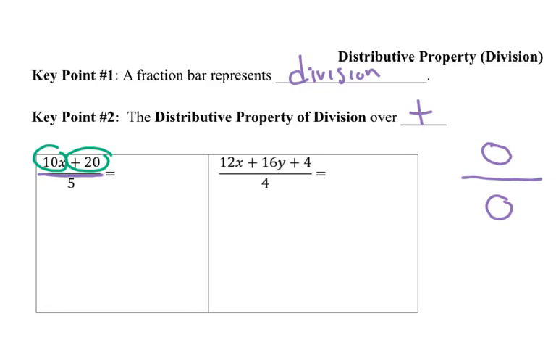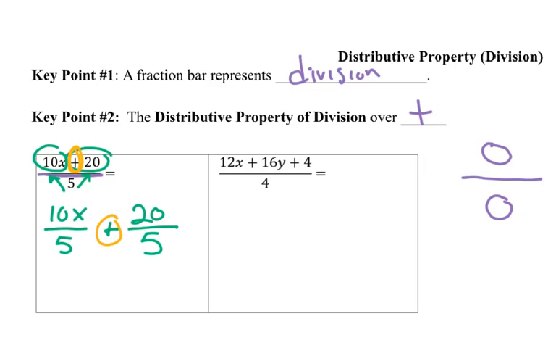We can rewrite this as 10x divided by 5 plus 20 divided by 5. We are giving out that divided by 5 to both terms in our expression. And this plus sign right here comes from the plus sign right there.